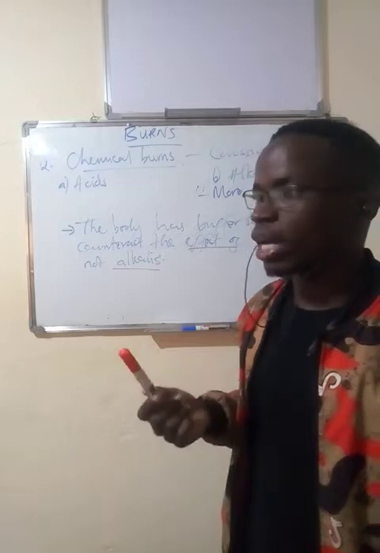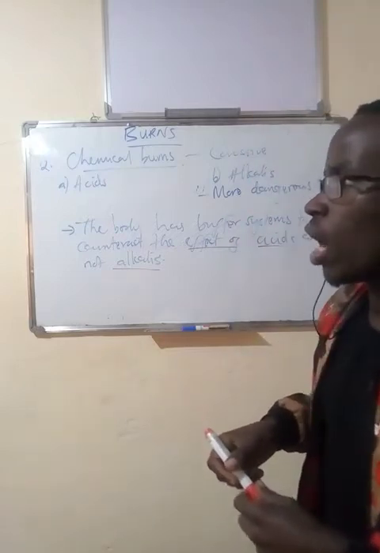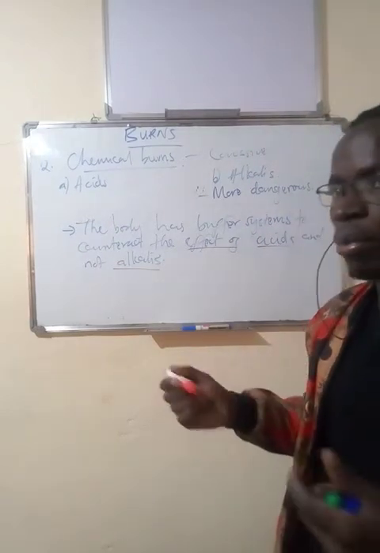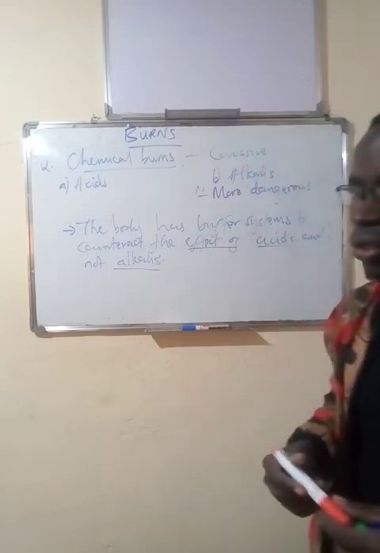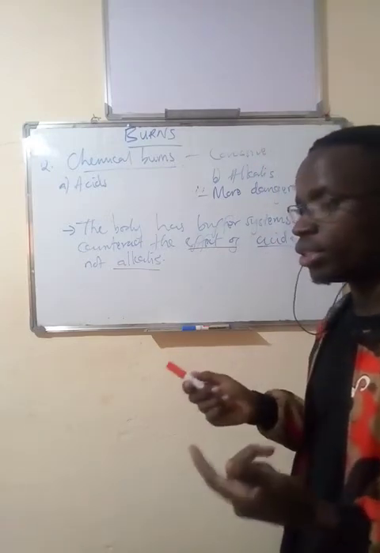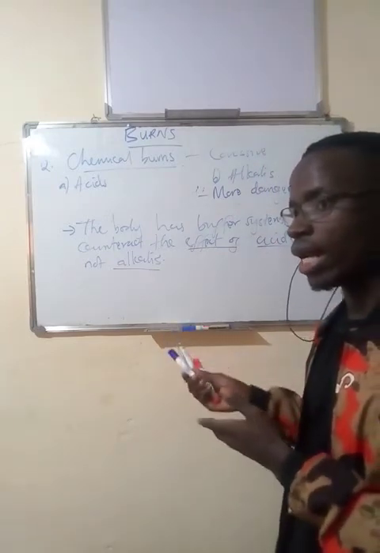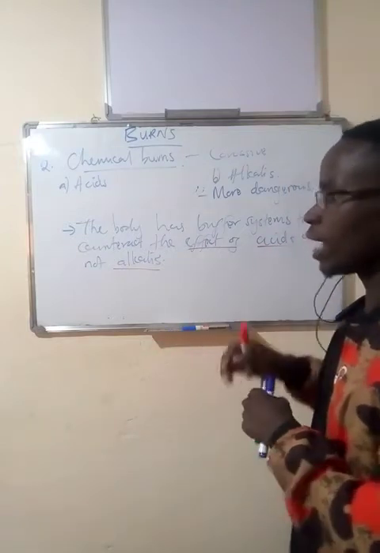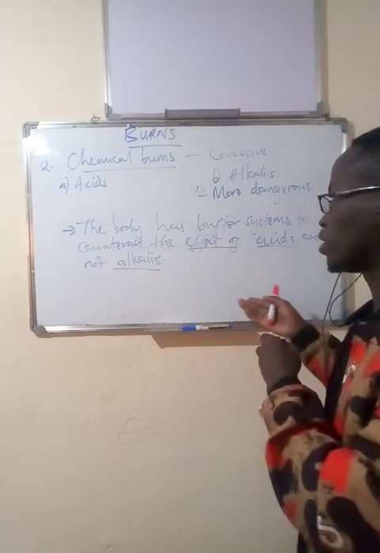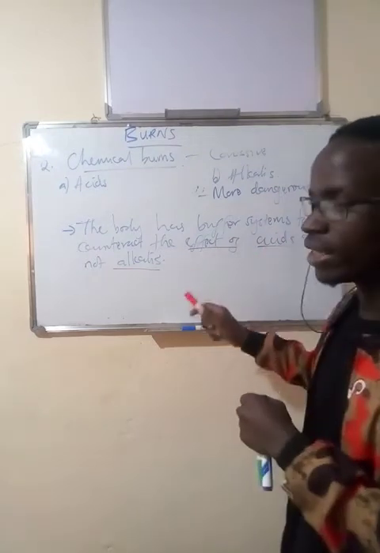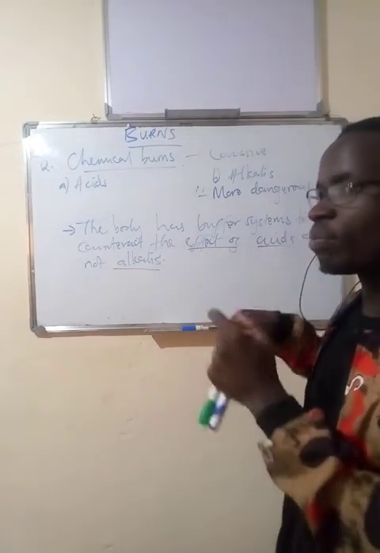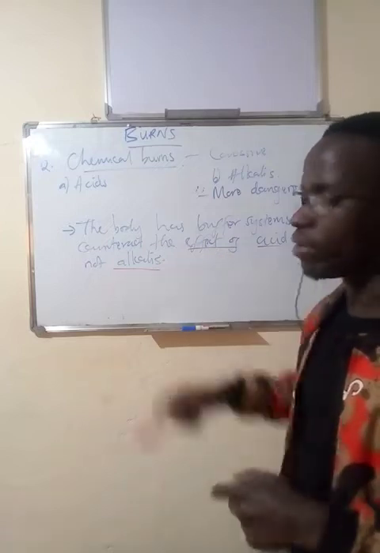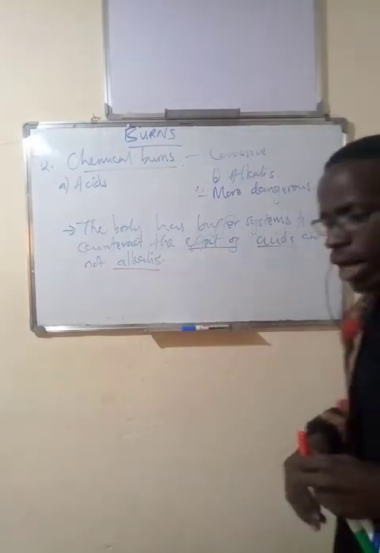For example, in the body you find things like the bicarbonate ions and so on. There are more buffer systems that work against the effect of acids than buffer systems that work against the effect of alkalis.